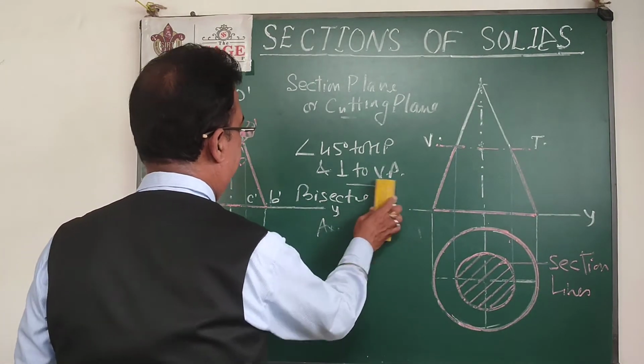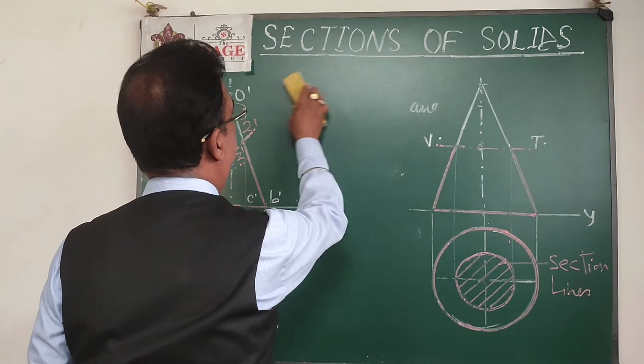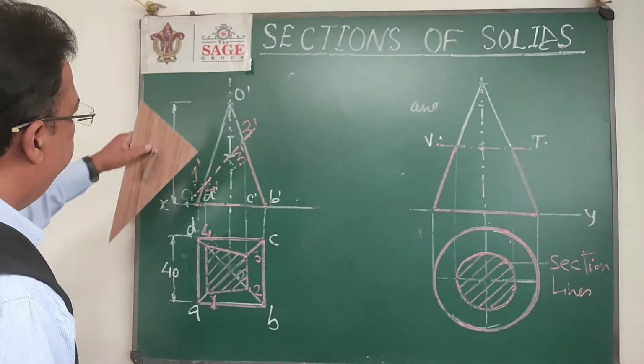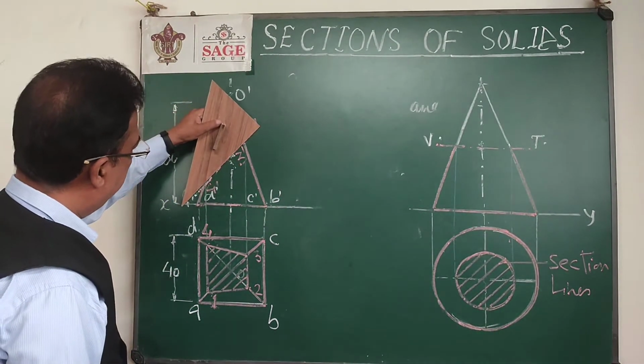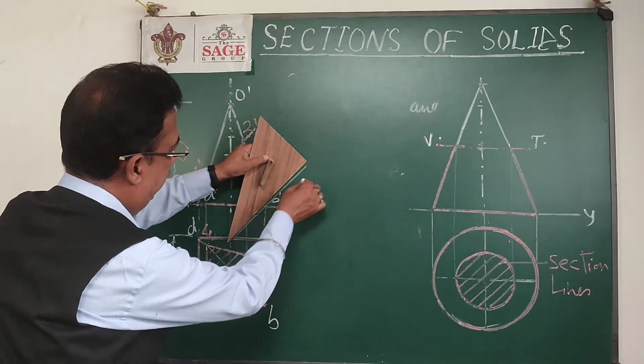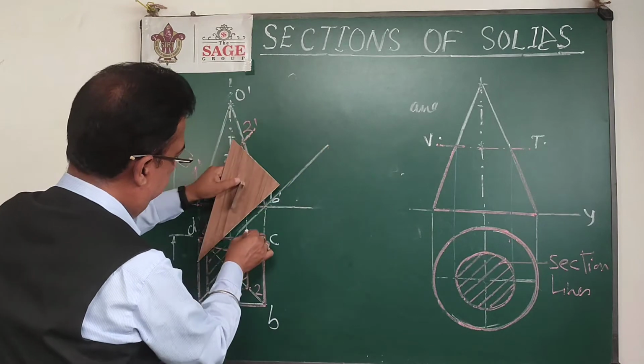If I want to find the true shape of this cut part, then one of the methods will be to draw a line parallel to this cutting plane as the new reference line.